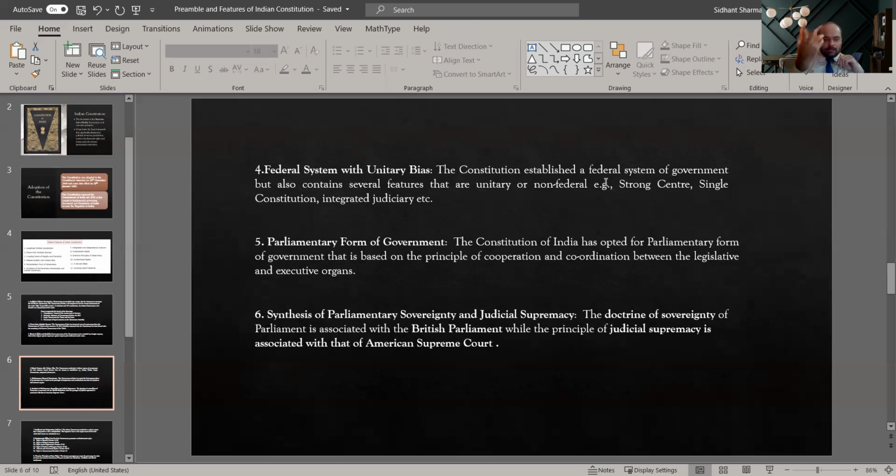We cannot have a system that the US has adopted, where different states have different constitutions. There are certain laws that are different because they have a presidential form of system, and there is a separation of power between executive and legislative branches.